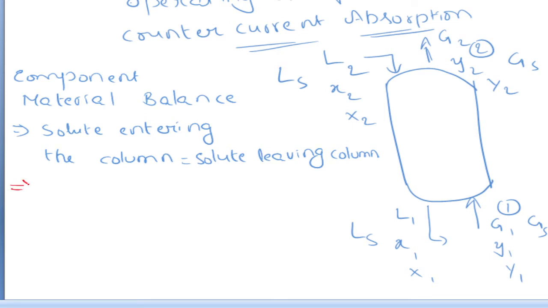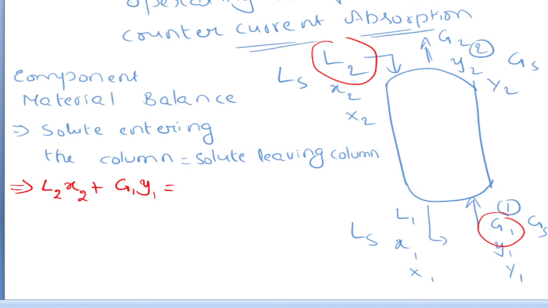Now, if I want to write this as a mathematical equation, as we have seen in a previous lecture, the component balance: solute entering the column. What are the inlet streams? See here, L2 and G1, these are the streams which are entering the column. So, you can write it like this: L2 into X2 plus another stream which is entering the column, G1 into Y1, which is equal to the streams leaving the column.